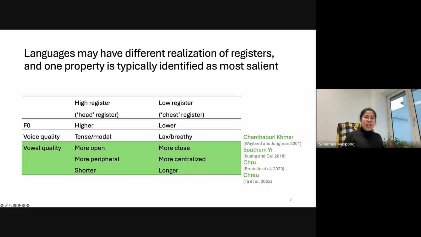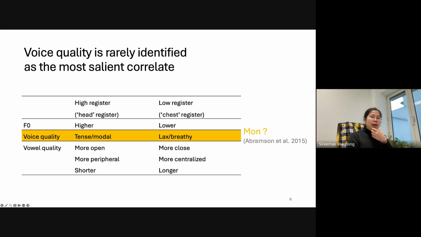In a language like Canterbury Khmer or Southern Yi, vowel quality has been reported as the most salient property. Interestingly, voice quality is rarely identified as the most salient correlate. One language that has been reported to have voice quality as the main correlate is Mon, which is the focus of our talk today.